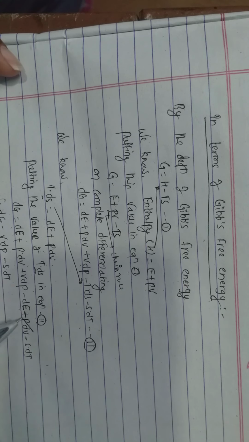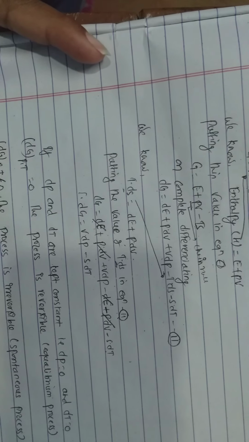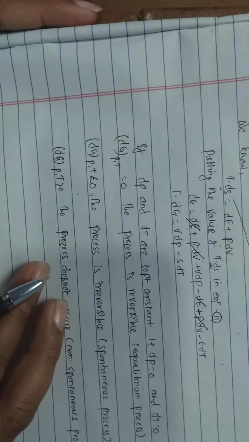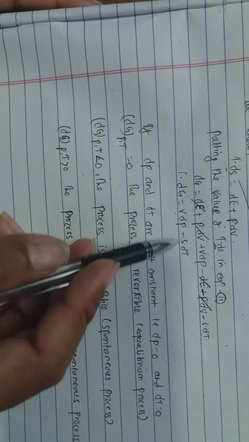Then P dV and P dV cancel out, and dE cancels out. Then dG is equal to V dP minus S dT.